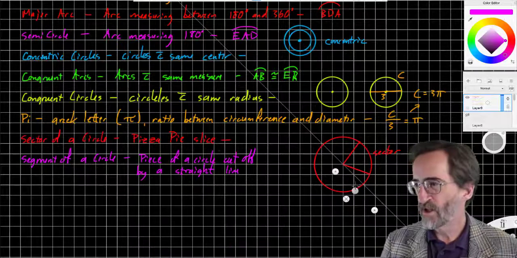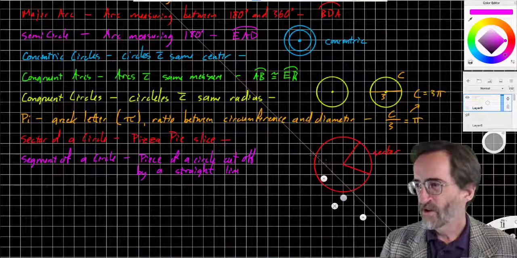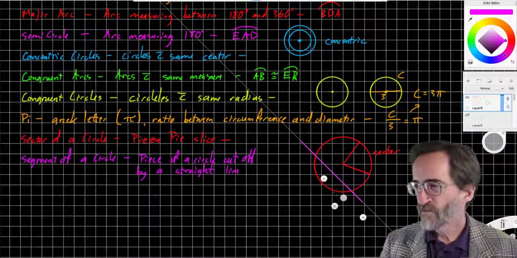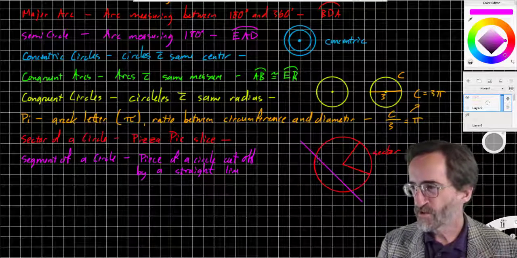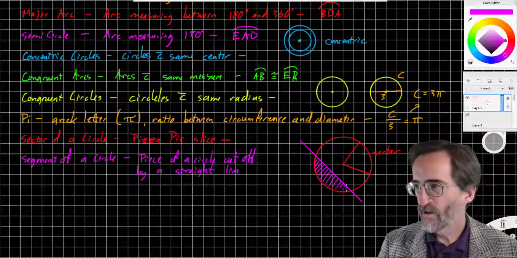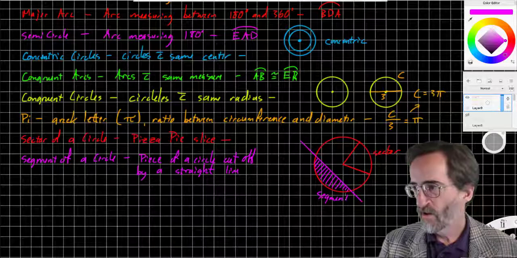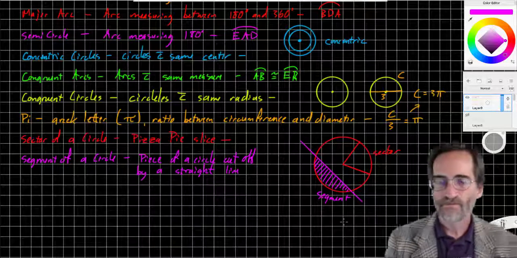So if I draw any old straight line through a circle, the segment of the circle is right here. Segment of a circle.